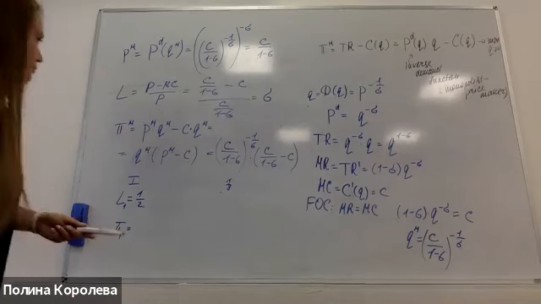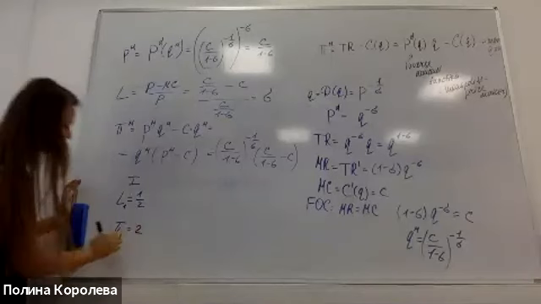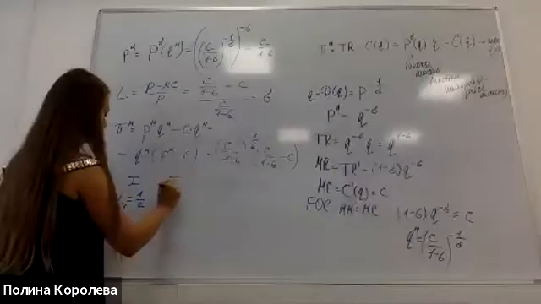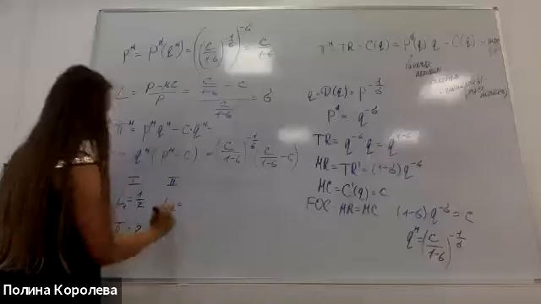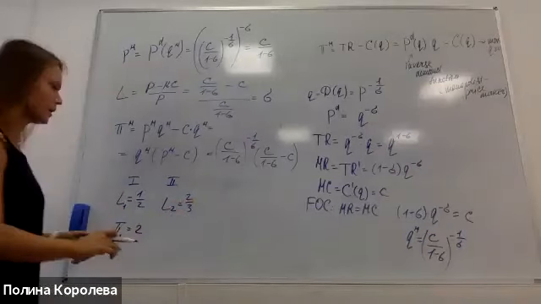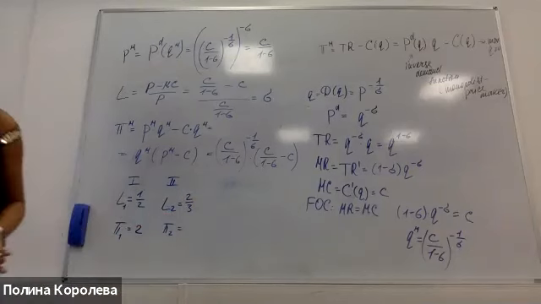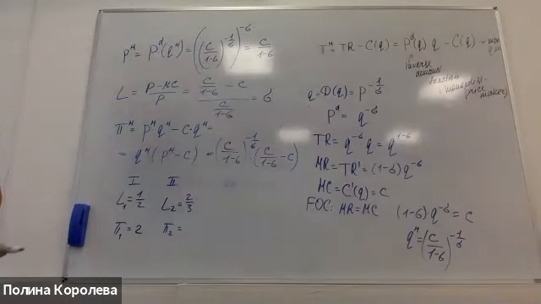Profit should be equal to 2 for the first market. For the second market, Lerner index 2/3. Yes, from the task sigma. And profit 1/3. 2/3.